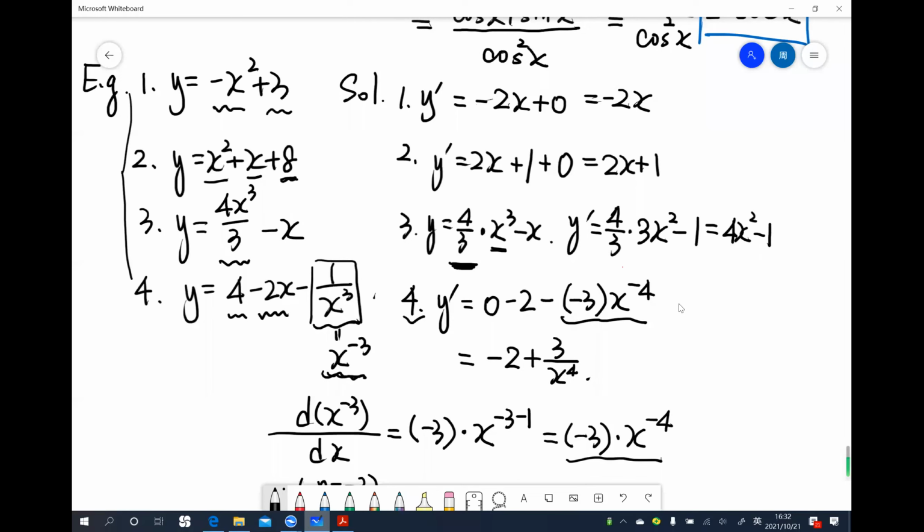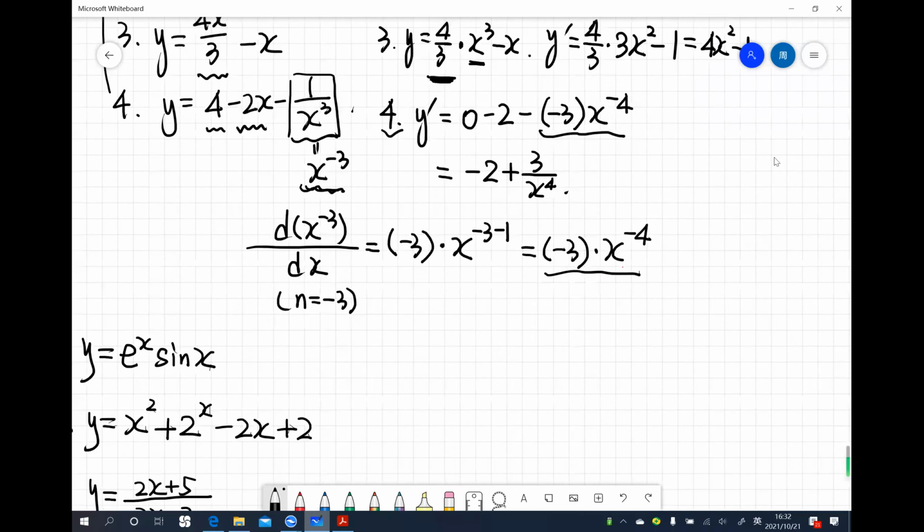So guys, you have to practice more. In the Thomas Calculus book, you will find many exercises. So practice more. At least make sure you can understand these first 4 questions and calculate them correctly. They are really basic.